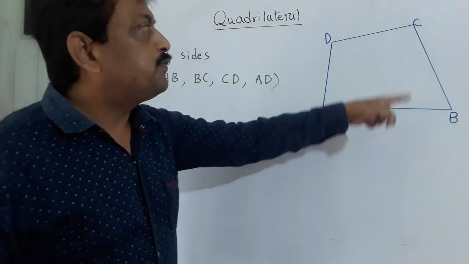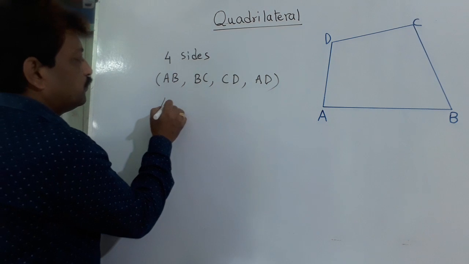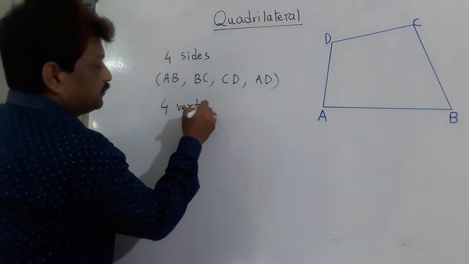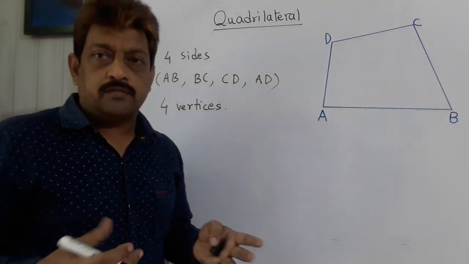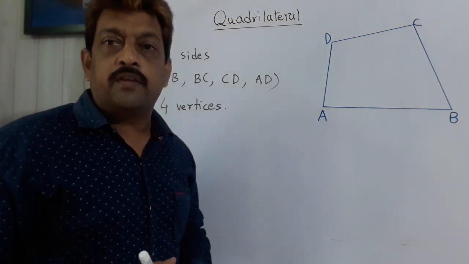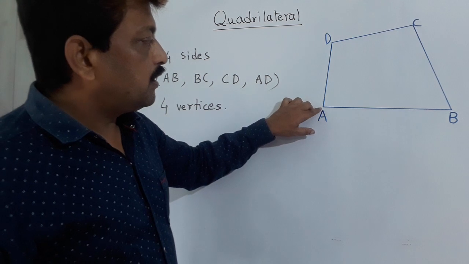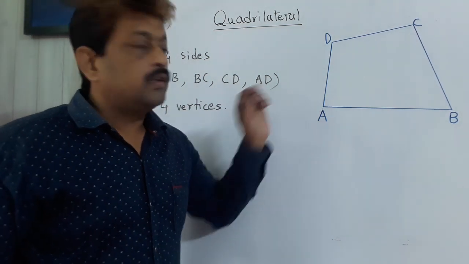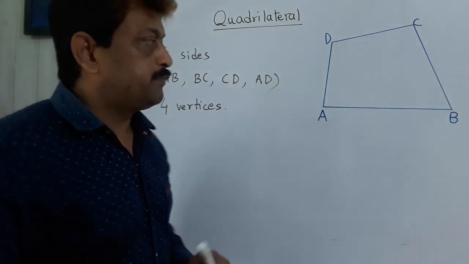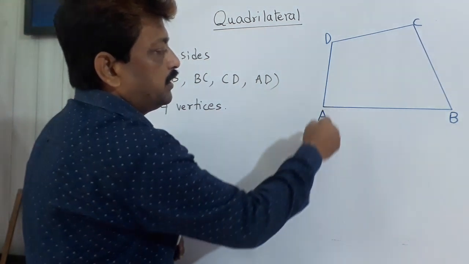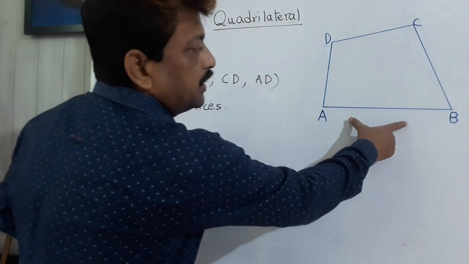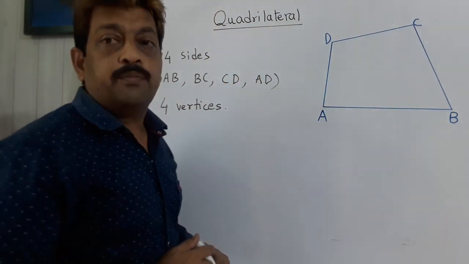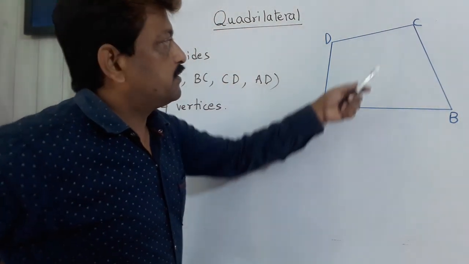A quadrilateral has four vertices. What is vertices or vertex? Vertex is the singular form. A vertex is the point where adjacent line segments meet. See here, AB and AD are meeting at the point A, so A is a vertex. Similarly, AB and BC are meeting at B, so B is a vertex.